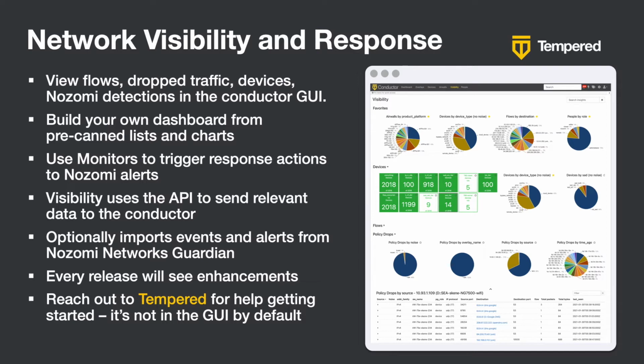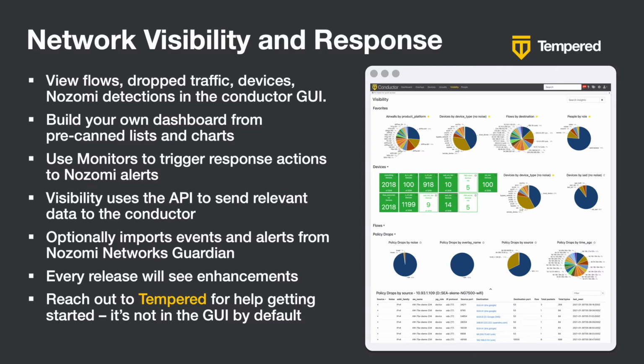You can even use our monitor function to trigger response actions based on some of the data that the visibility provides, including things like threats from Nozomi. Nozomi gives an awesome threat level from 0 to 100 of a given threat, and it's really easy now in monitors to write an action to, for example, drop or change the overlay of a host if Nozomi says that it's infected.